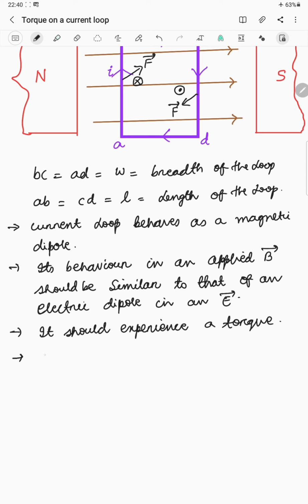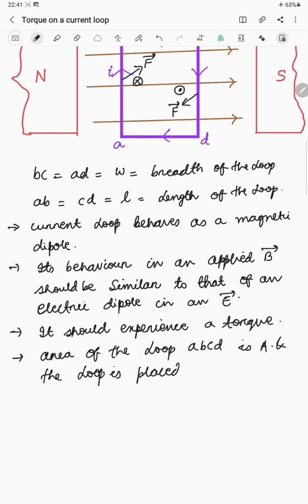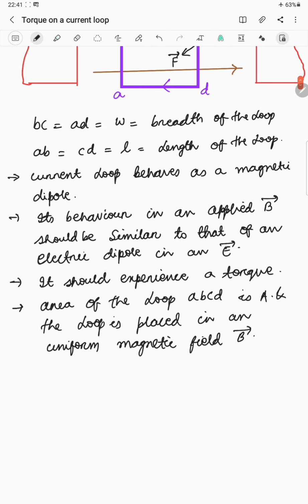I have already told you what is the length and the width, and the loop area of the loop ABCD is denoted by capital A, and the loop is placed in a uniform magnetic field B. Now for sides BC and AD, your theta is equal to 0 degrees.